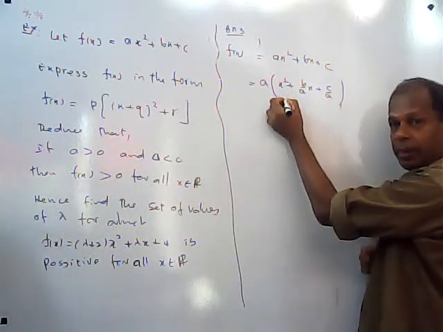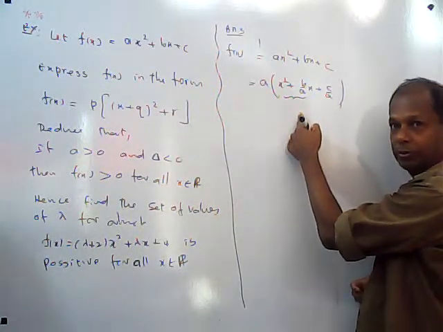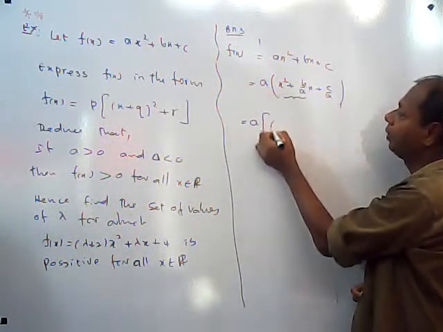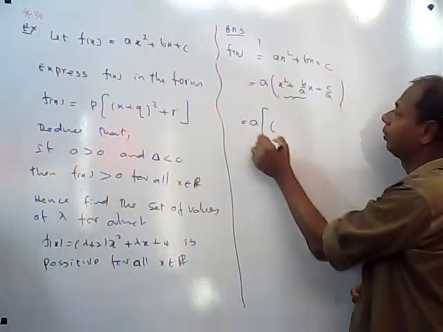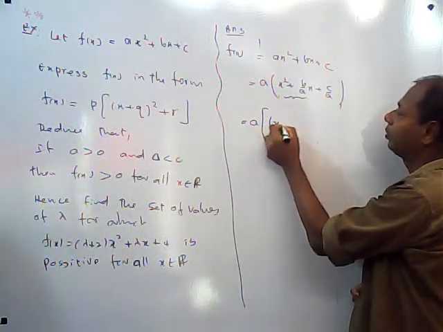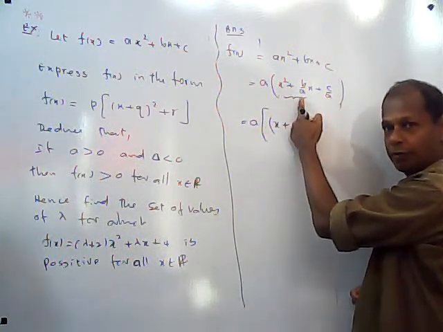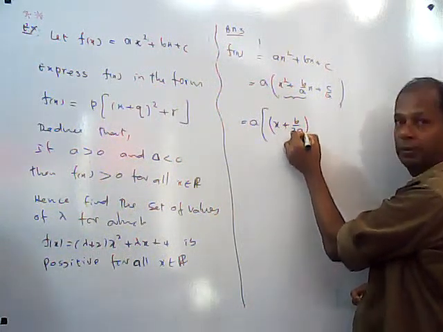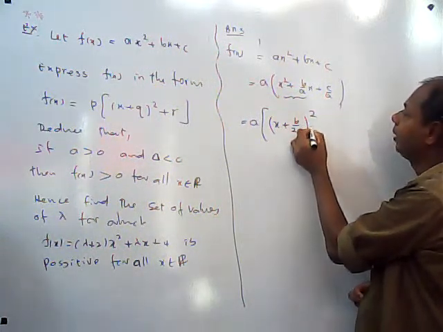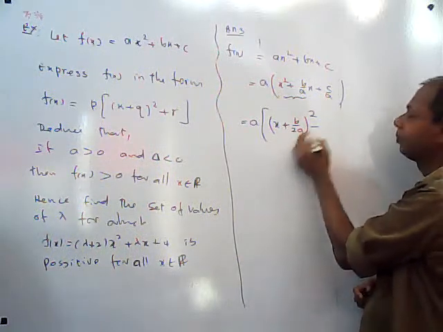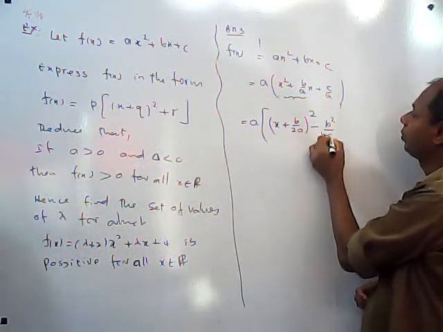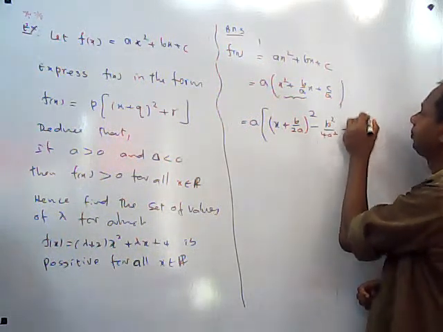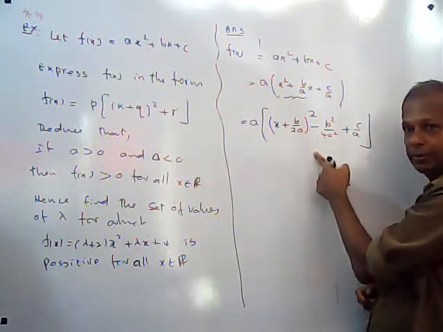Then for this pair, you complete the square. a times, take this pair, that'll give x plus half of this, that is b over 2a, squared, minus the square of this, b squared over 4a squared, plus c over a.